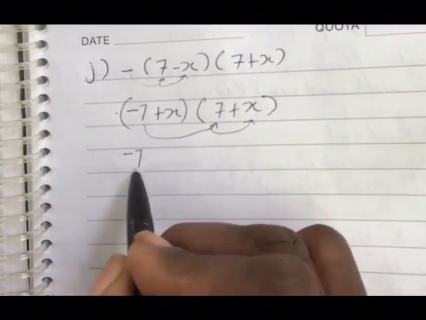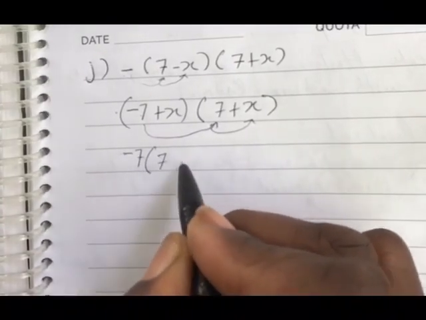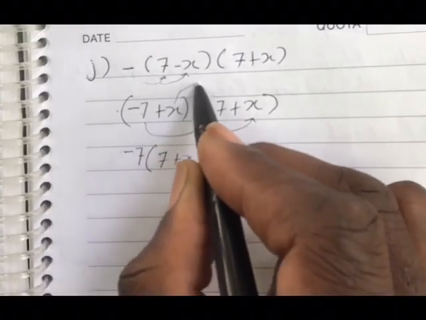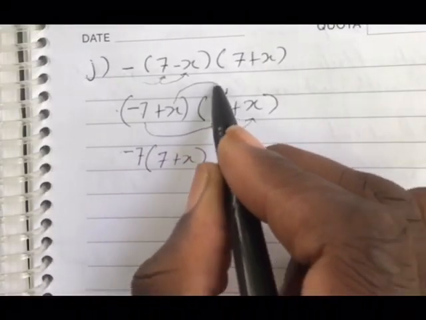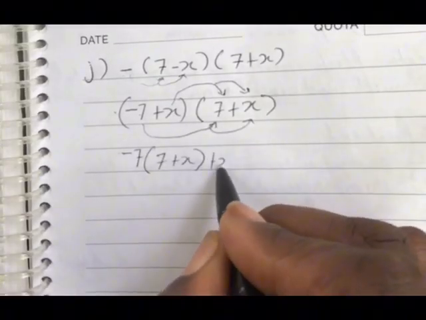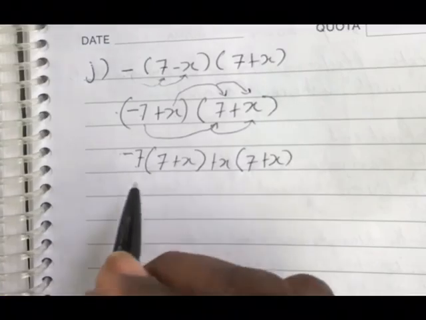So we have negative 7 into bracket 7 plus x. Then x multiplied by 7 and also multiplied by x, plus x into bracket 7 plus x.